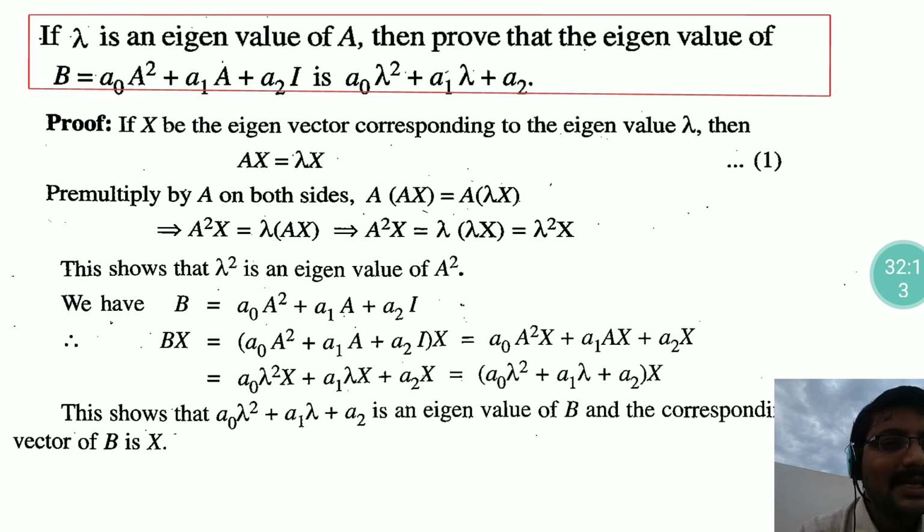Just taking the common x, we will have Bx is a0 lambda square plus a1 lambda plus a2 of x. This represents that a0 lambda square plus a1 lambda plus a2 is an eigenvalue of the matrix B. The corresponding eigenvector of B is x. Thank you.